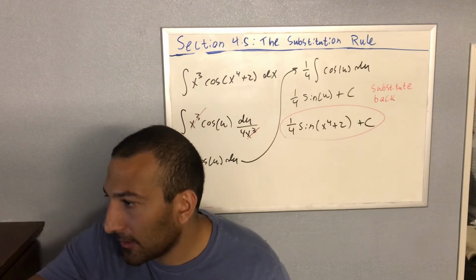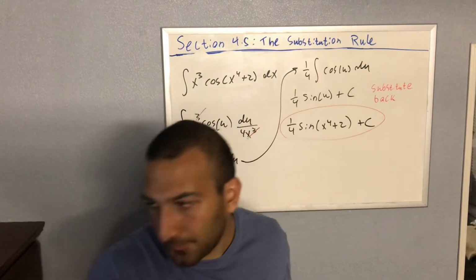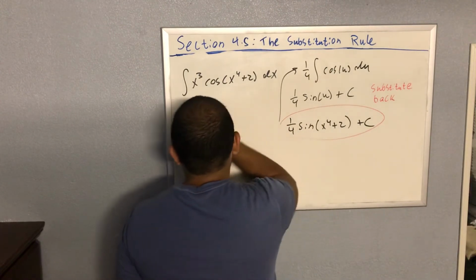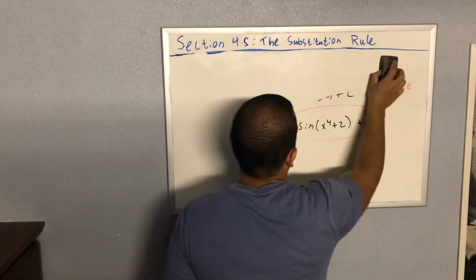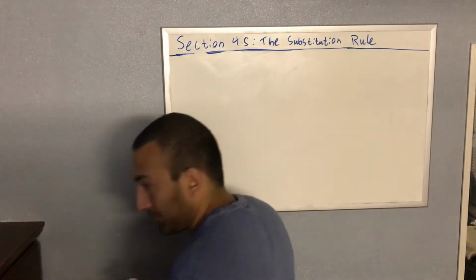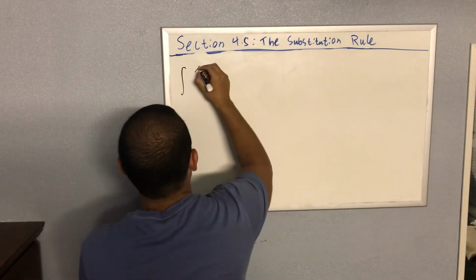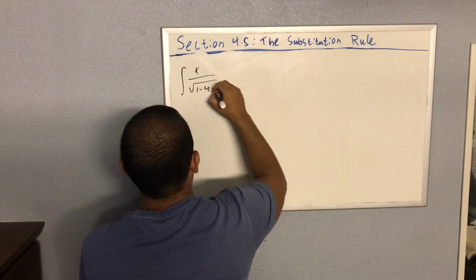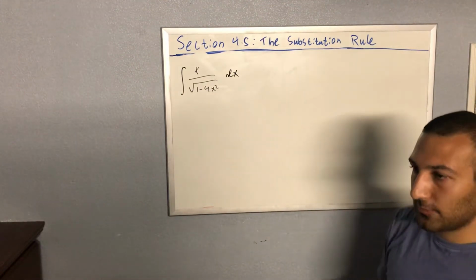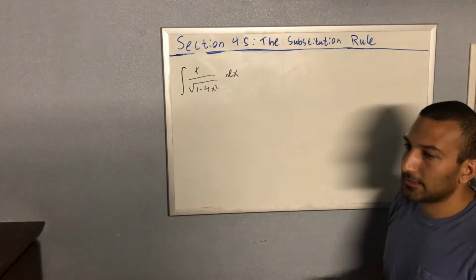Now I'm looking to see what another good example is, and let's do this one. So x over the square root of 1 minus 4x squared dx.